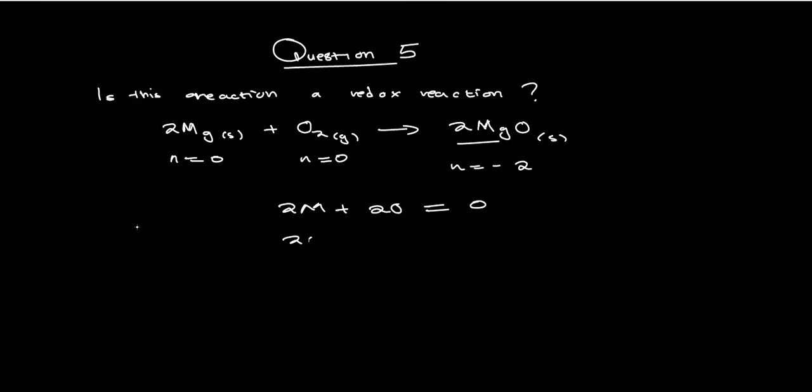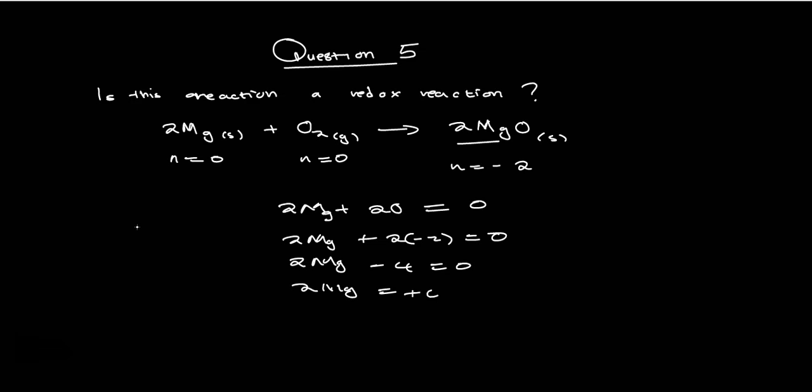So magnesium is the one we are looking for, Mg here. Then oxygen in any compound is -2, equal to 0. Two times -2 is -4. When it goes to the other side, it will be +4. We divide by 2. So the oxidation number of magnesium is actually +2 in the product.